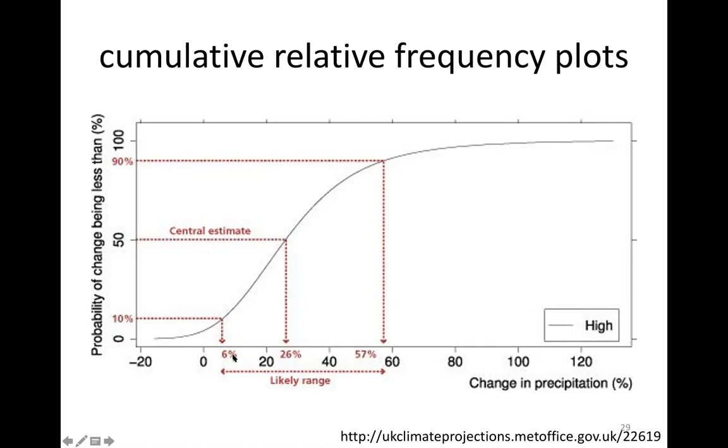Let's call it just 6 for simplicity. So a change in precipitation value of 6 or lower is observed in 10% of the sample, and 26 is the median value.